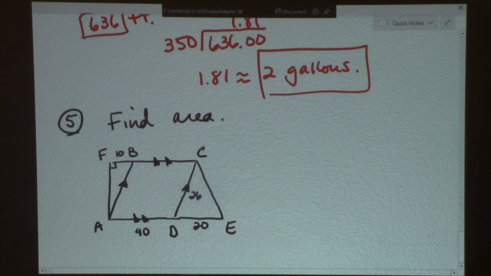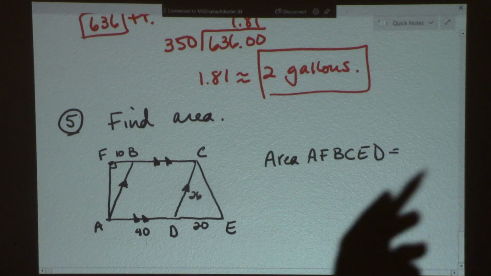All right, so I'm going to write a little plan. I'm going to say that my whole figure is called A, F, B, C, E, D. That's a lot of points, basically all the way around. I could simplify that.